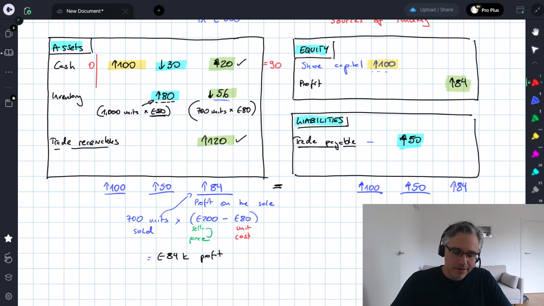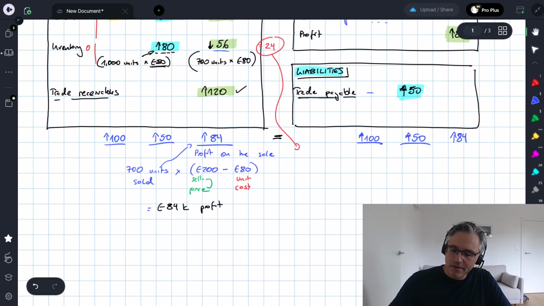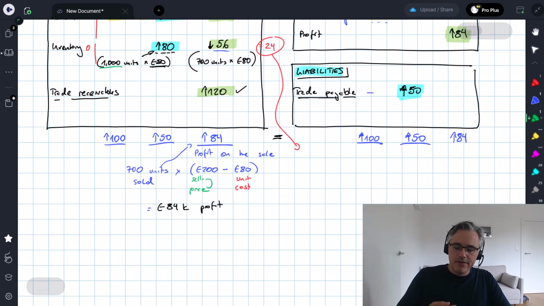In terms of inventory, once again, the starting point was nothing. Then it grew by 80, but dropped by 56. That's 24. And by the way, this 24, everything can be very much reconciled. We initially bought 1,000 units of inventory of goods, subsequently sold 700 units.